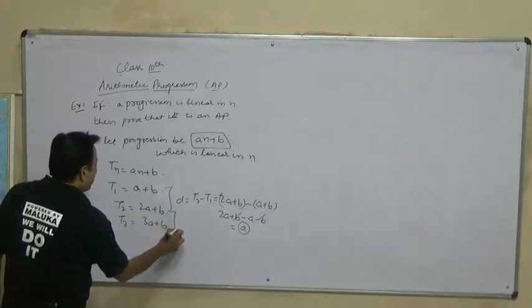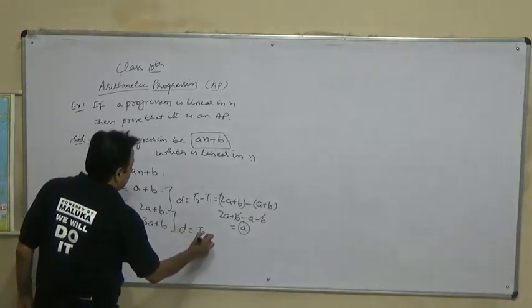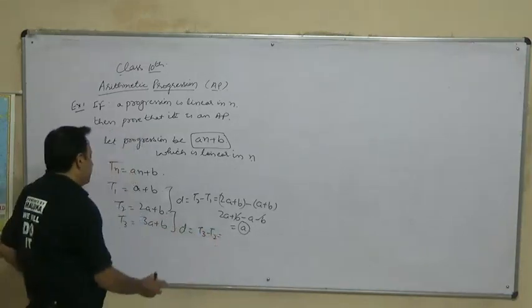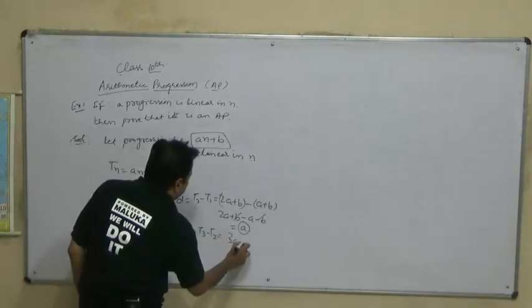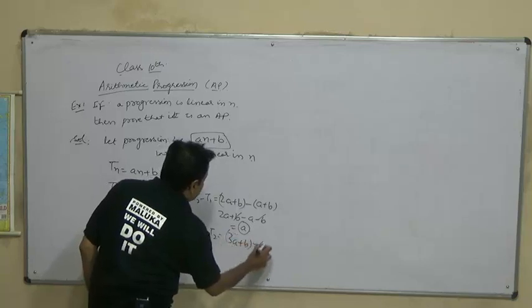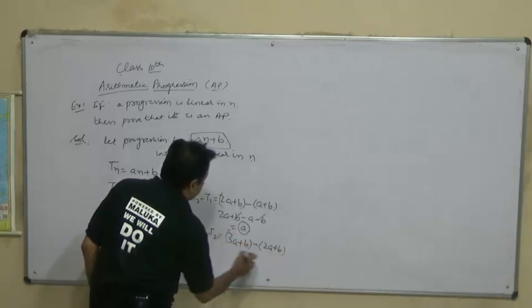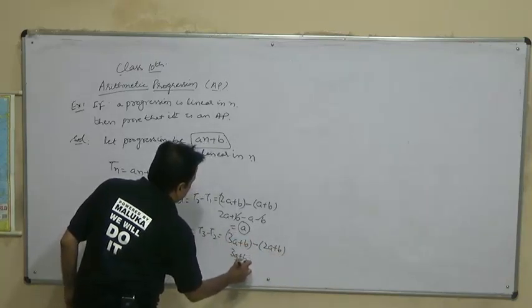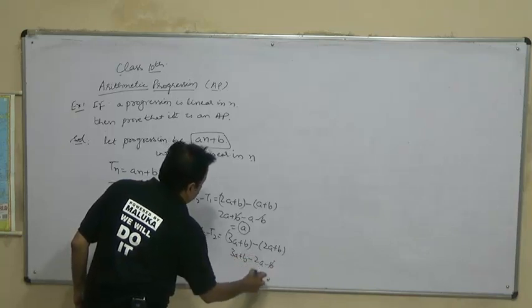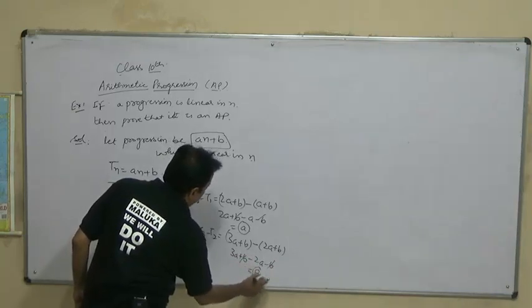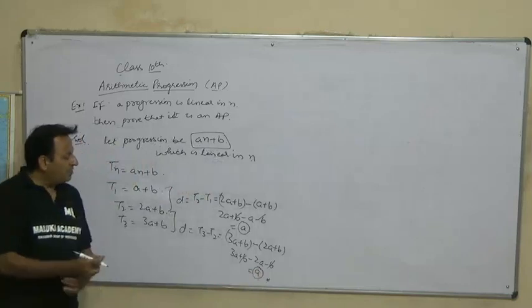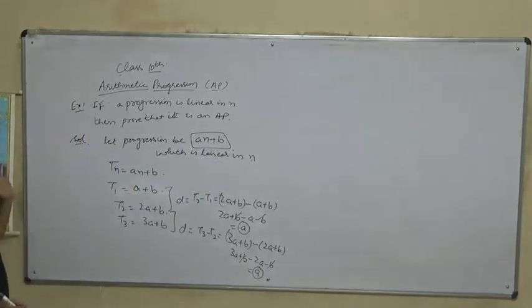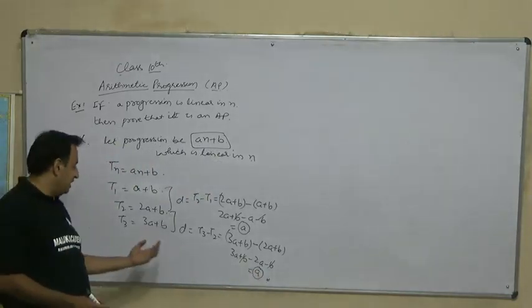And from here we again find d. T3 minus T2: 3a plus b minus 2a plus b. 3a plus b minus 2a minus b, it cancels out, it comes out to be a. So as we see, throughout the series the difference is the same.